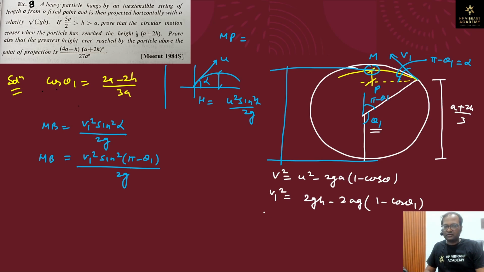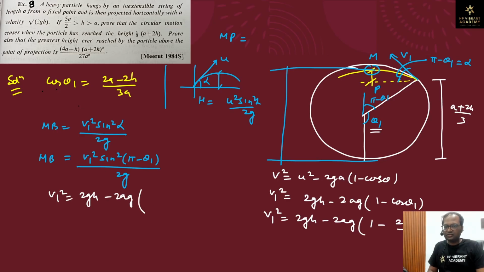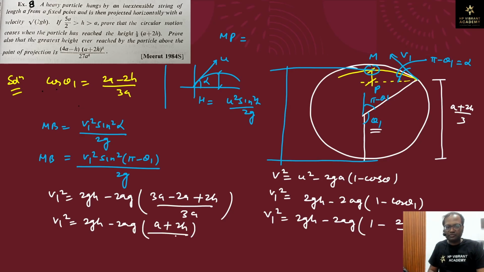Let us put the value of cos theta 1. So v1 square is equal to 2gh minus 2ag into 1 minus 2a minus 2h upon 3a, which is 2gh minus 2ag into 3a minus 2a plus 2h upon 3a, which is 2gh minus 2ag into a plus 2h upon 3a.